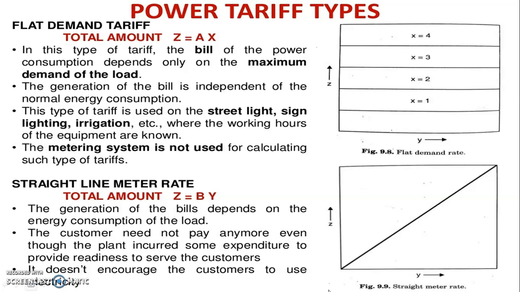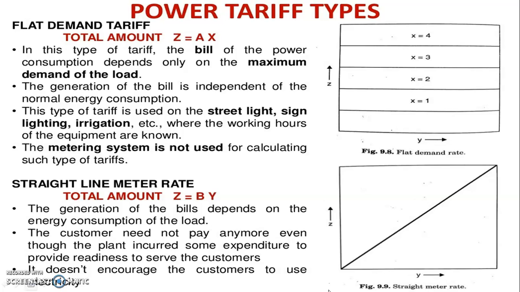This type of tariff is used on street light, sign lighting, irrigation, etc., where the working hours of the equipment are known. The metering system is not used for calculating such type of tariff.